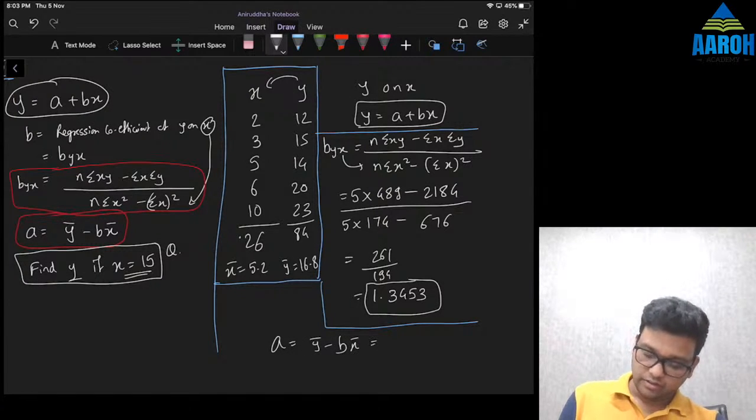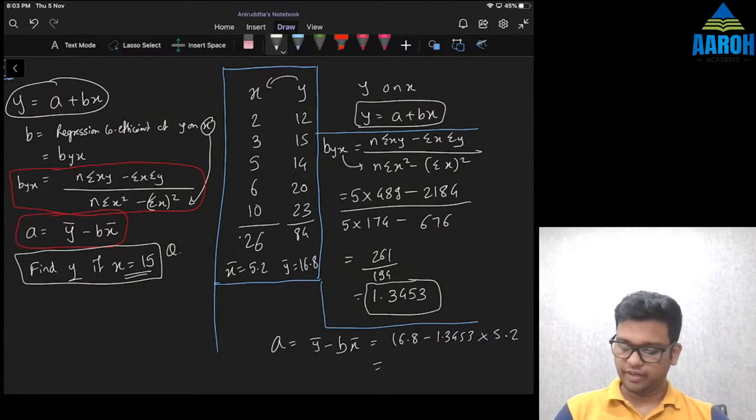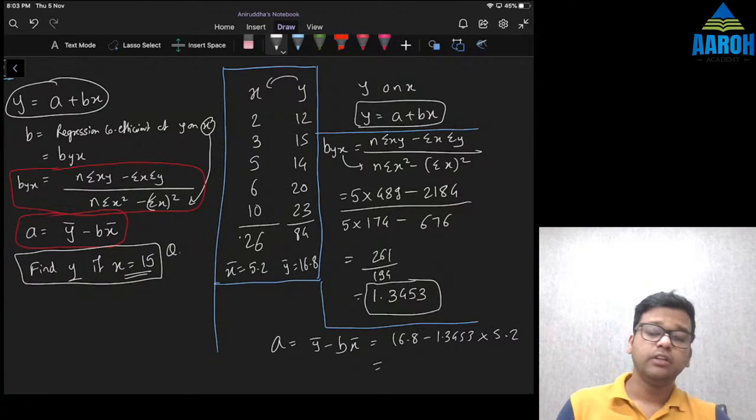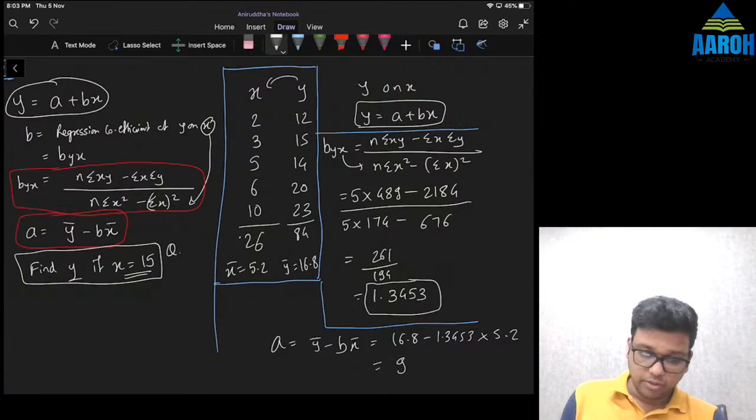A is y bar minus b x bar. So that will be 16.8 minus 1.3453 into 5.2. That gives 9.8044.